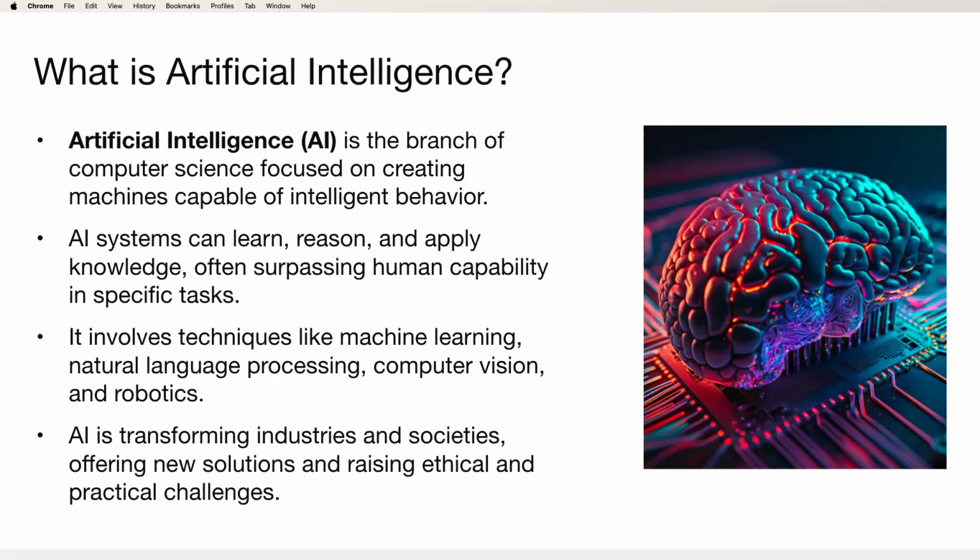Key to these capabilities are technologies such as machine learning, which allows computers to improve from experience in training data, natural language processing that helps machines comprehend and communicate in human language, and computer vision, which equips them to interpret visual data. And the last field is robotics, which really combines elements to interact in the physical world. As AI continues to advance, it's not only revolutionizing industries across the board, but also posing new challenges and raising ethical questions.